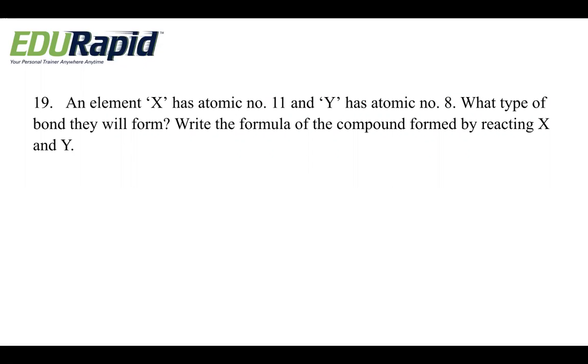The 19th one: an element X has atomic number 11 and Y has atomic number 8. What type of bond will they form? Write the formula of the compound formed by reacting X and Y. So you have two elements, one with atomic number 11 and another with atomic number 8, so you should have knowledge of atomic numbers here.